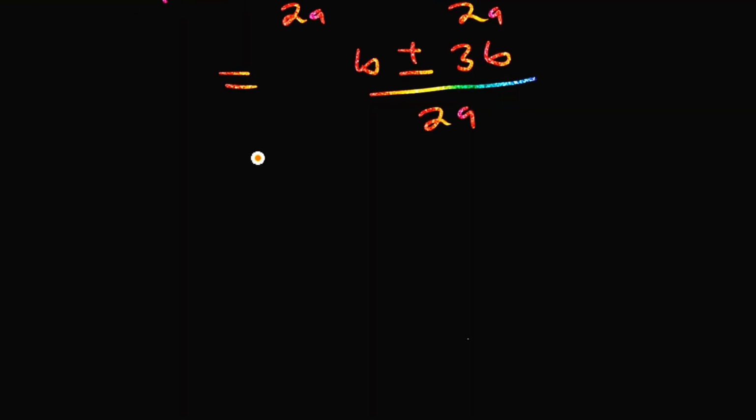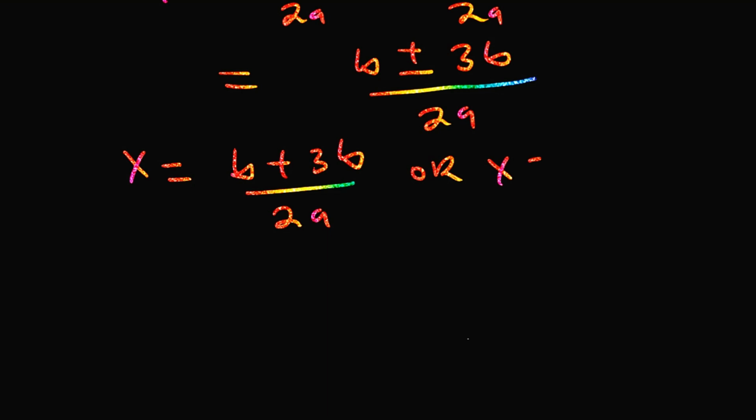So this means there are two possible solutions of x. The first one is when we take the positive sign, that is b plus 3b over 2a, and the second one is when we take the negative sign, that is b minus 3b over 2a. So if we take the first case, b plus 3b is 4b.